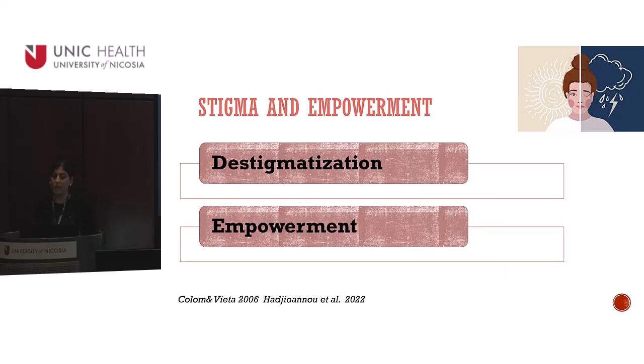The stigma and empowerment parameter includes empowering patients to manage social stigma and stereotypes. Psychoeducation programs should include parameters that empower patients by providing tools and knowledge to address both self-stigma and social stigma associated with bipolar disorder.